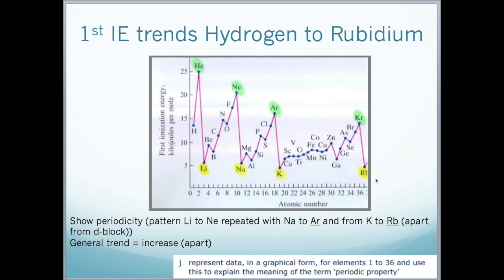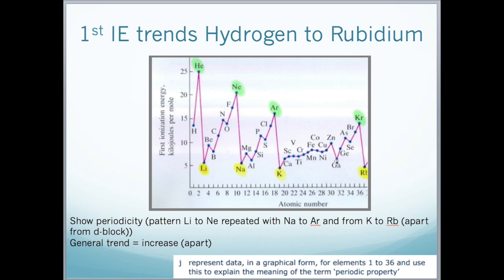So the electron configuration of zinc is argon 3d10 4s2, and that of the next element, gallium, as shown here lower down, is argon 3d10 4s2 4p1. As the 4p orbital is at a higher energy level than that of the 4s or the 3d orbital, less energy is required to remove the 4p electron in gallium than it is required to remove one of the 4s electrons in zinc.